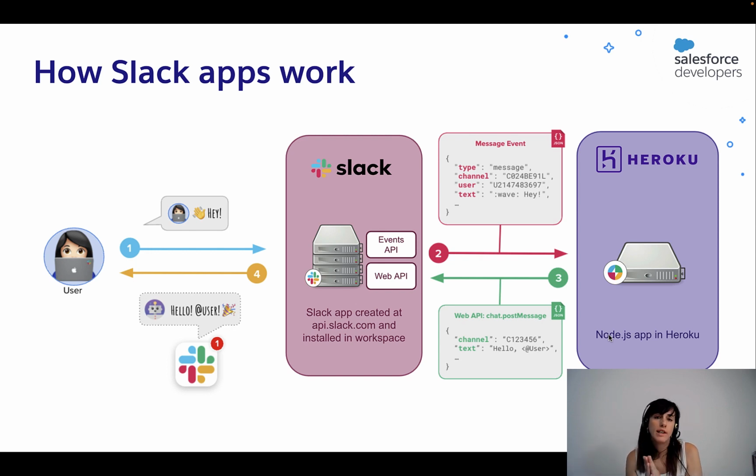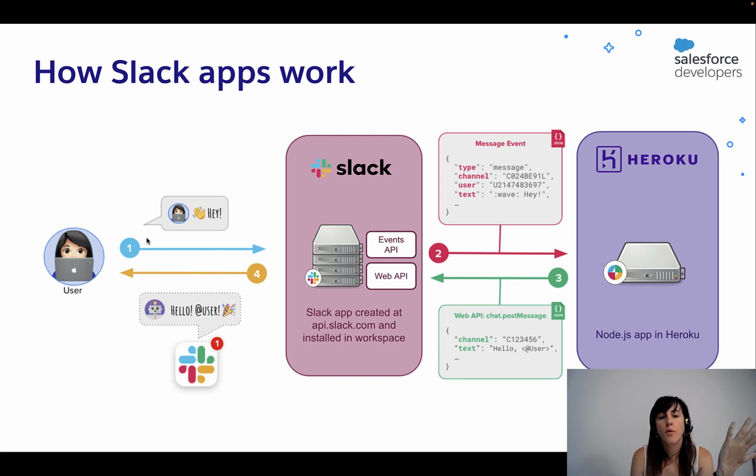But what we did for convenience was to create an app with Node.js and run that app over Heroku. So this app is the one that is going to interact with the APIs that either fire the events that represent the interactions that the user is doing in the app, or receive actions from that external Heroku app to change what the user is seeing in Slack.